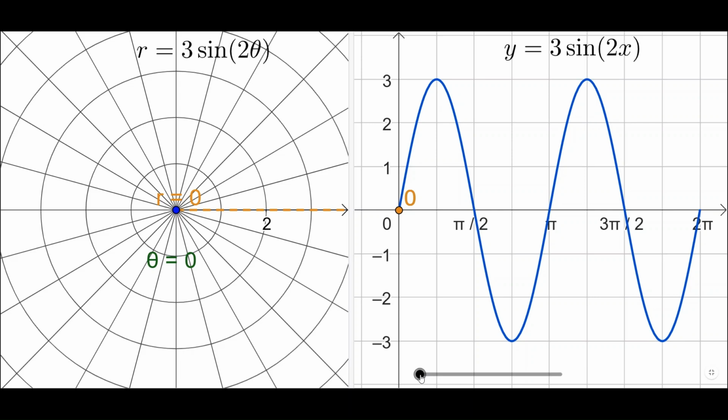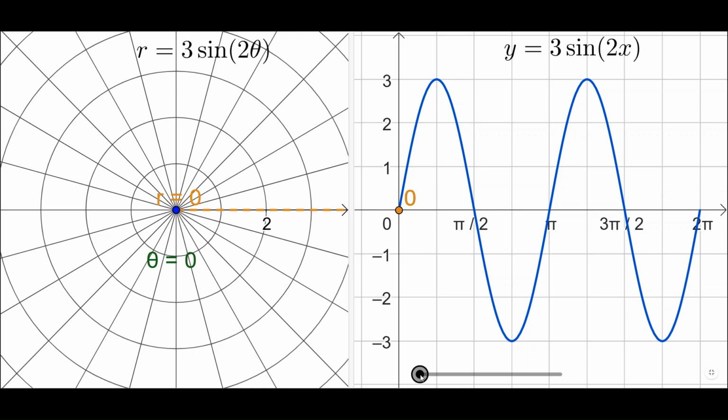All right, so let's track through. Our starting value is at 0, 0, so that means a 0 angle and a 0 radius. It's a point at the origin. Our rotation is at 0 degrees or 0 radians, and so that is the positive x-axis. As I move to the right on my sinusoidal graph, I will hit the maximum value of 3 at pi over 4.